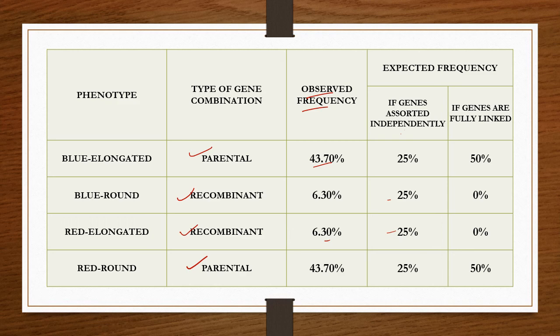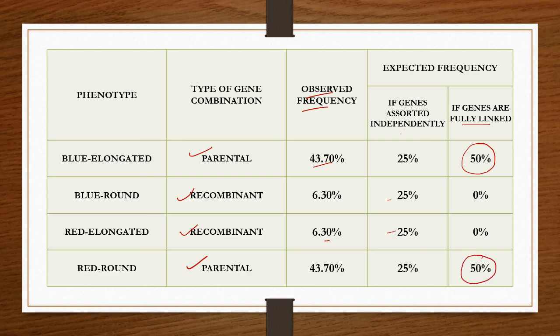And the expected frequency if genes are fully linked, meaning there is no distance, is that there is no recombination because of lack of crossing over. That is why only parental combinations are formed: 50% blue and elongated pollen grains and 50% red and round pollen grains.